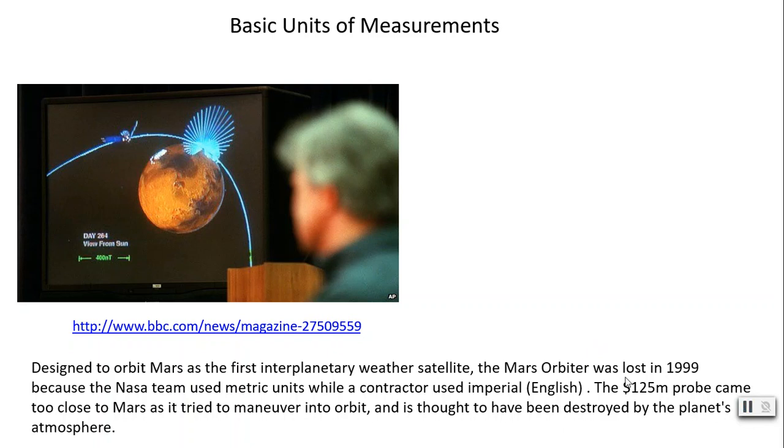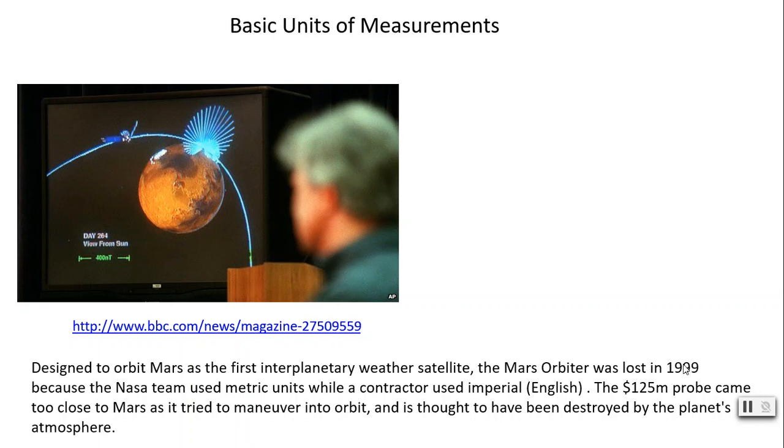In 1999 was when the first Mars orbiter was launched to try and get some information about the atmosphere and geography of Mars. Now, since then, we've gotten beautiful pictures from Mars. We've started to learn some more about that planet. It's been really exciting.